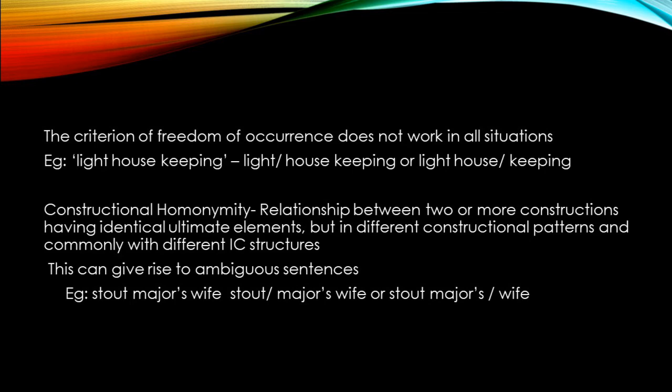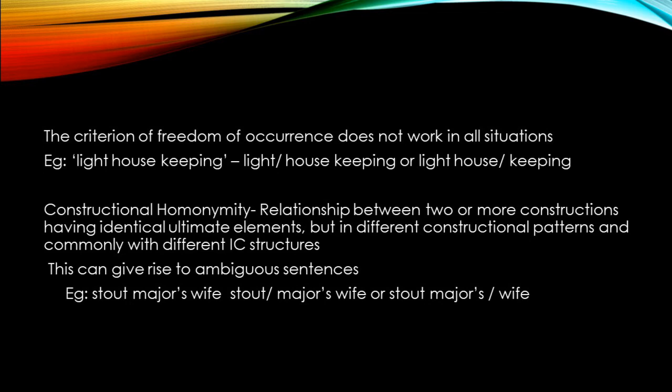Now, the construction light housekeeping is an example of constructional homonymity. So what do you mean by constructional homonymity? It shows a relationship between two or more constructions having identical ultimate elements. Okay, now you take light housekeeping, the ultimate constituents will be the same, whether the cut comes after light or the cut comes after lighthouse.